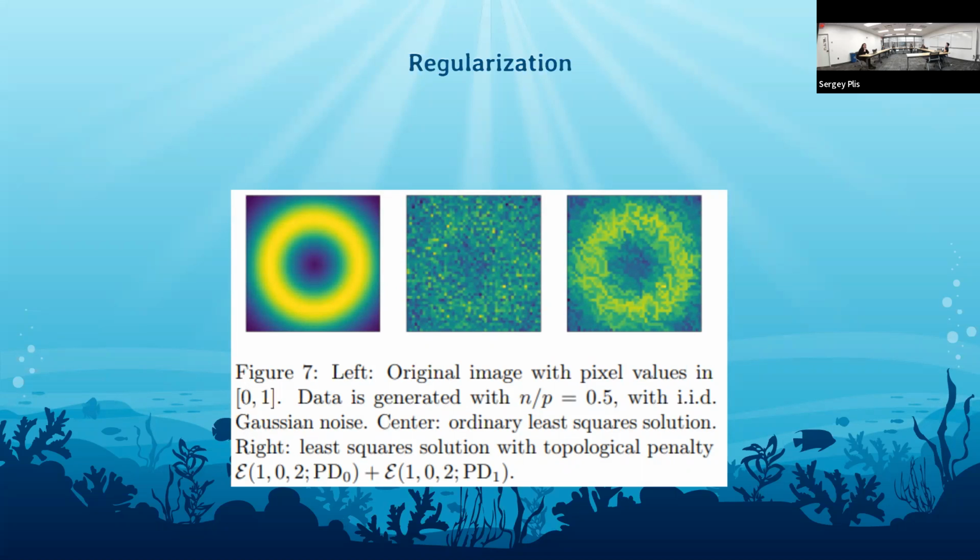I'm still not sure what the output of that OLS would look like. Maybe I have the same or a similar question. So my question is, I understand that you are trying to reconstruct this noisy sample by applying a topological penalty on top of the OLS solution, right?